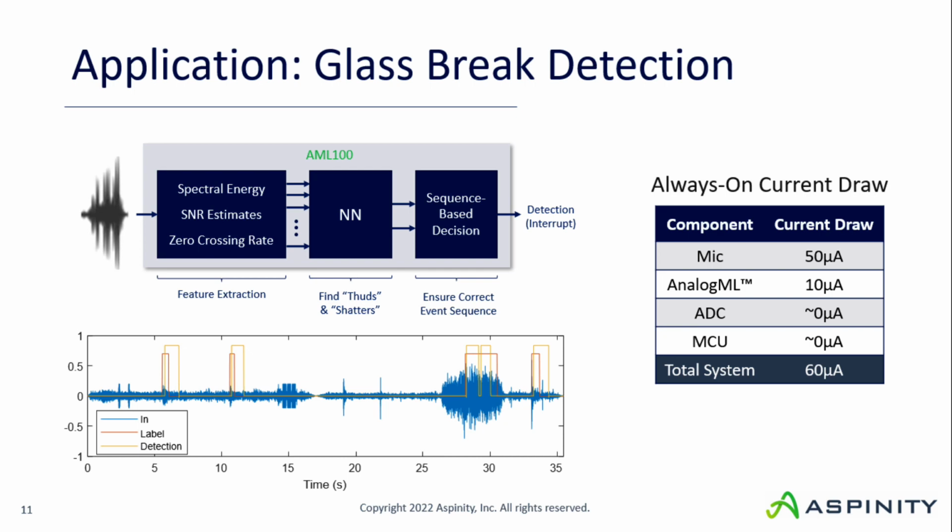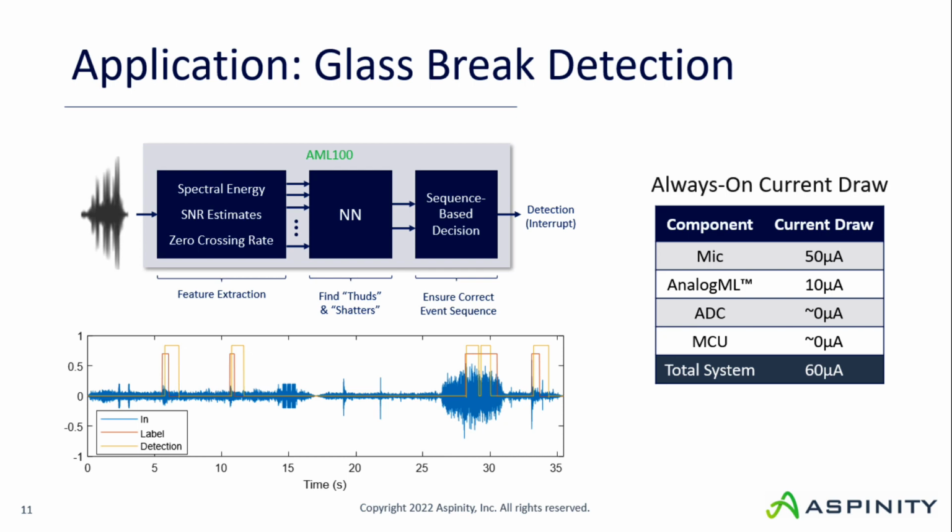So you can train the AML100 on a variety of different features, like spectral energy, SNR estimates, and zero crossing rates. All these things are available in the SDK as different library components. And in order to improve the classification accuracy and prevent false triggers, just to give a little bit of an understanding of how you can work with these systems, you can classify based upon different portions of the sound of the glass break event.